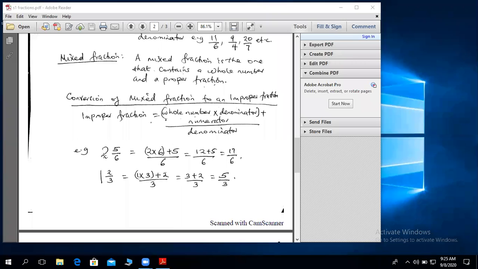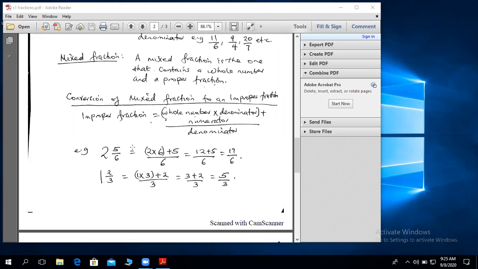For example, 2 whole number and 5 out of 6. We get 2 times 6 plus 5, and you divide everything by 6. 2 times 6 here is 12, and when you add 5, it becomes 17 out of 6.